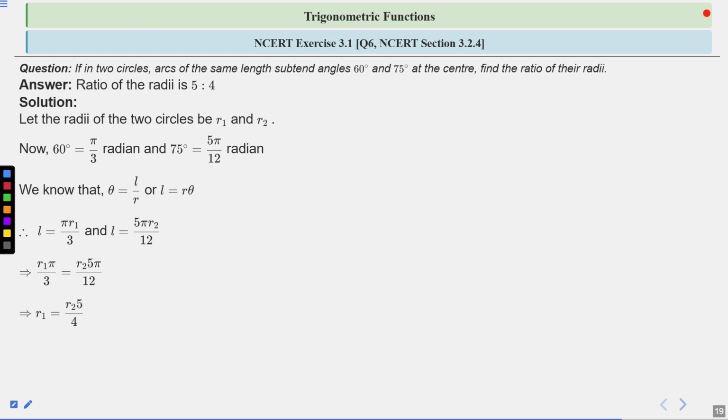So R1 will be equal to R2 into 5 pi by 12 divided by pi by 3, that is R1 is equal to R2 into 5 by 4 by cancelling out pi. Therefore, R1 upon R2 is equal to 5 by 4.